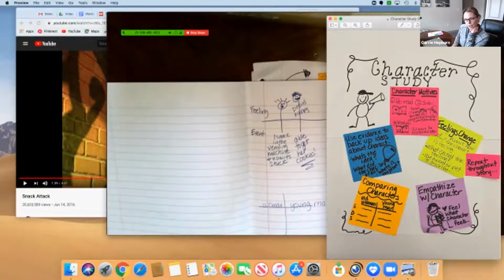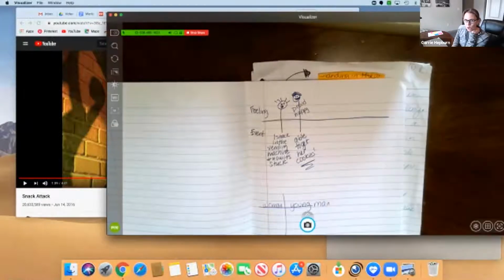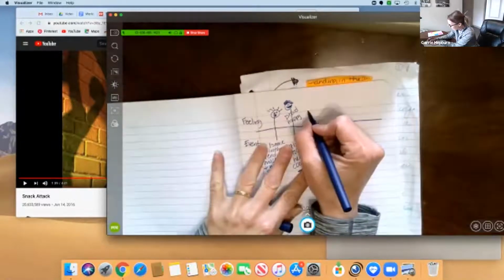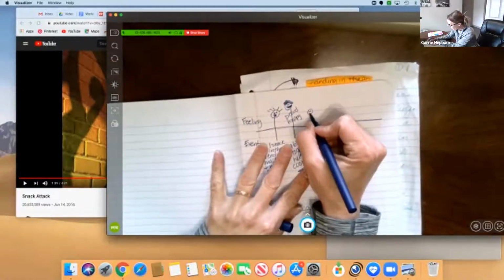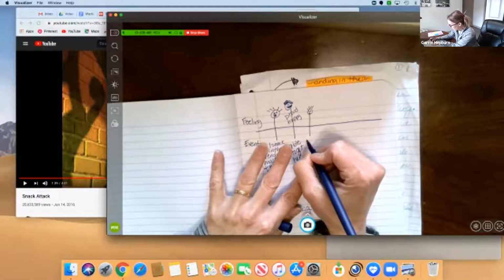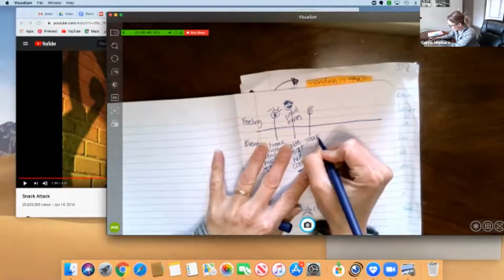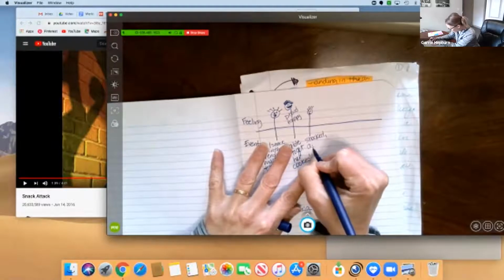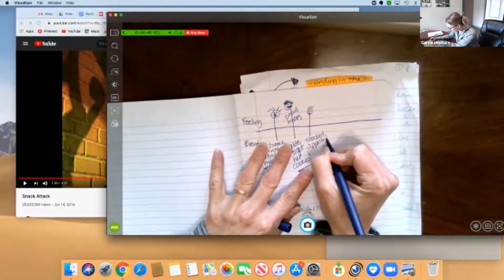Remember, on here we talk about what's the same and what's different. As we're watching this, I'm going to be adding to my comparing characters chart, because I like to use my timeline and this comparing characters chart to help me come up with ideas about the character and decide what evidence I am seeing. And so right now, when I go back to this chart, she looks like she's getting mad, like she's shocked, appalled that he took one of her cookies.